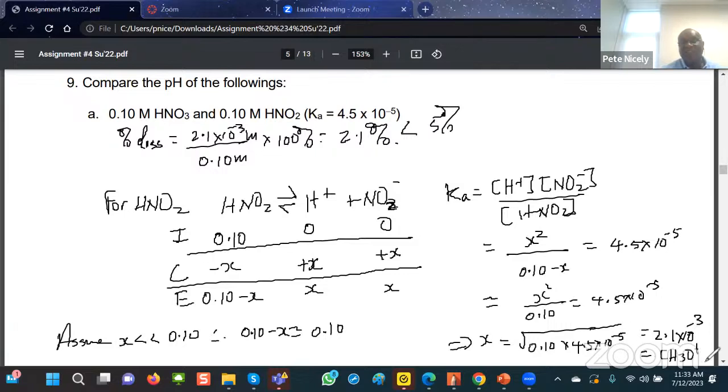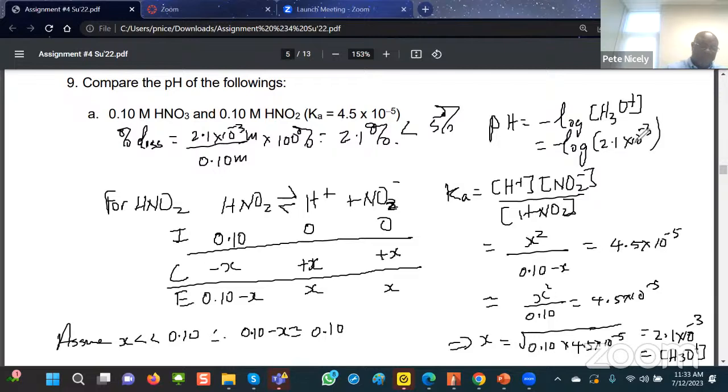Which means that we can set this to be equal to the concentration of H3O plus, which means that the pH of the solution will be minus log the concentration of H3O plus, minus log of 2.1 times 10 to the minus 3. If I find the log of that, the answer turns out to be 2.68.